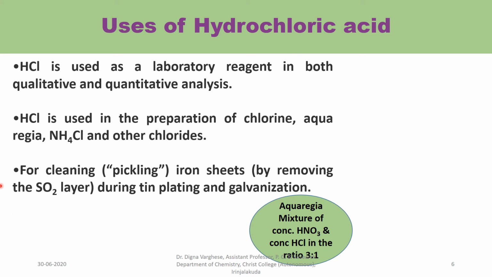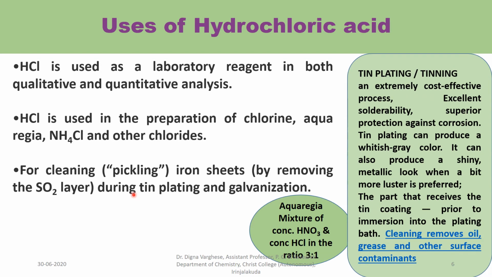For cleaning iron sheets during tin plating and galvanization, hydrochloric acid is used for cleaning iron sheets by removing the sulfur dioxide layer during tin plating and galvanization. What is tin plating?